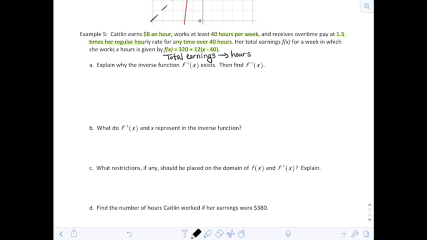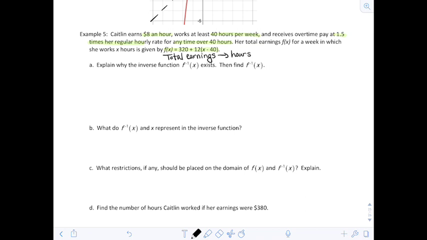Okay. So, in letter A, explain why the inverse function f inverse of x exists. For it to exist, we would want the original to be a one-to-one function.